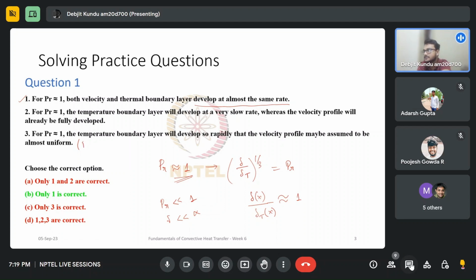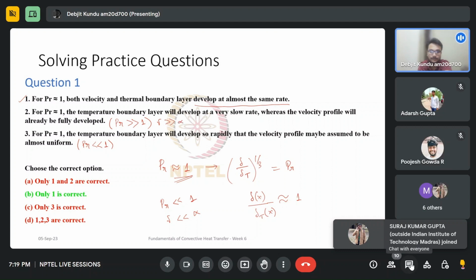So this third case corresponds to Prandtl number much less than 1, and the other case, where the thermal boundary layer does not develop rapidly but the hydrodynamic boundary layer develops rapidly, corresponds to Prandtl number much greater than 1, where the viscosity is much higher than thermal diffusivity.